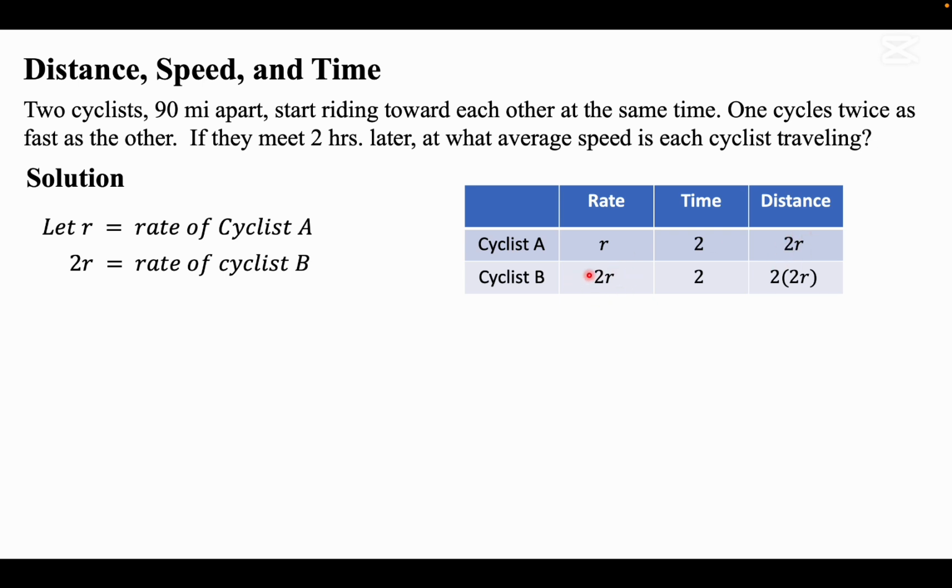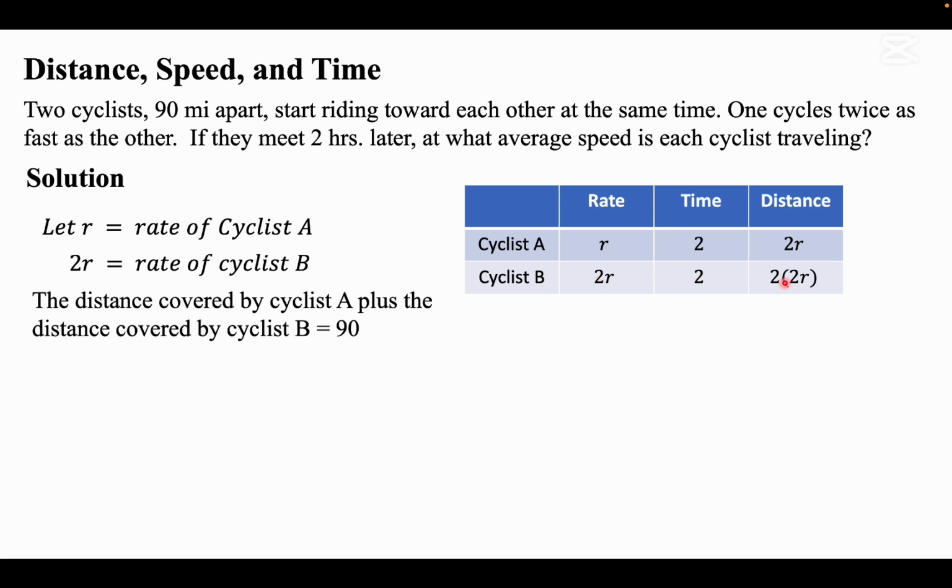You can do the same thing for cyclist B. The rate of cyclist B is 2r because he's traveling twice as fast, and the time it takes for them to meet is 2 hours. So the distance of cyclist B would be 2 times 2r.